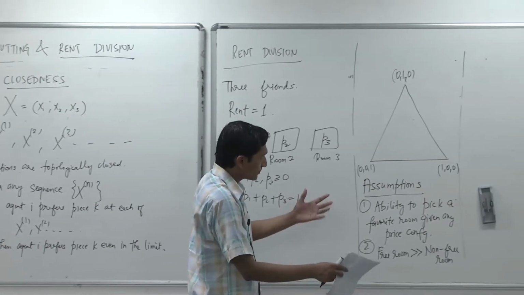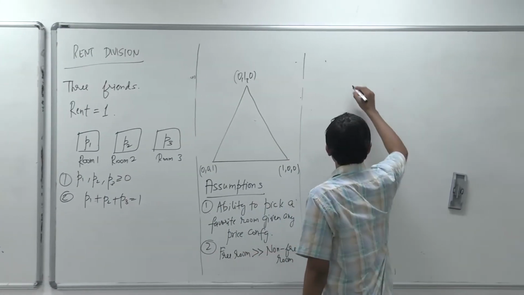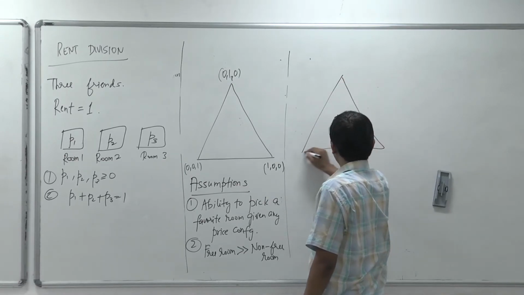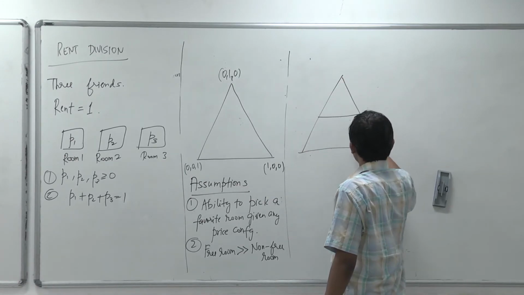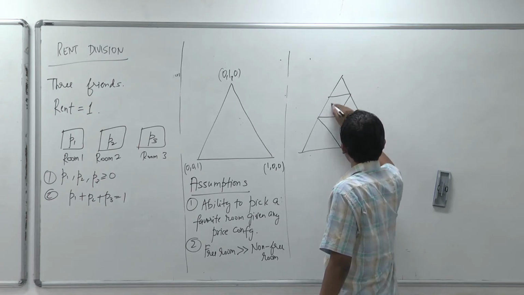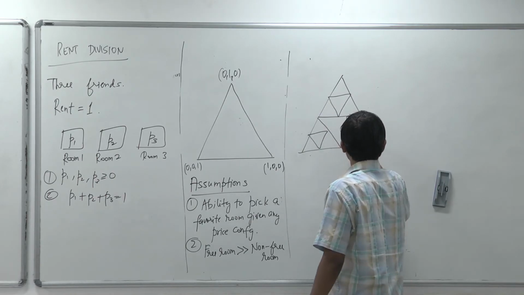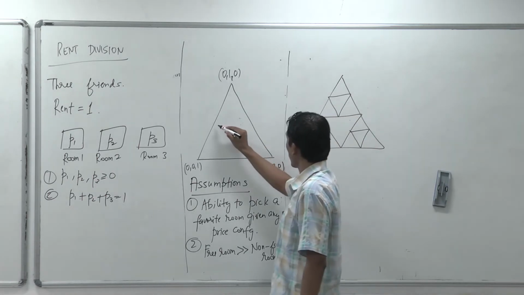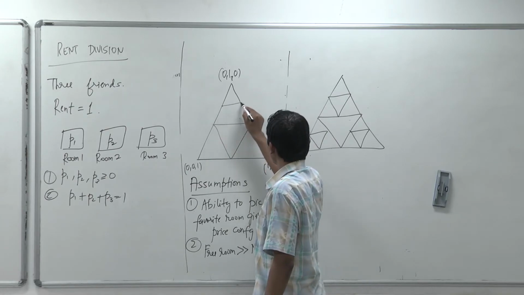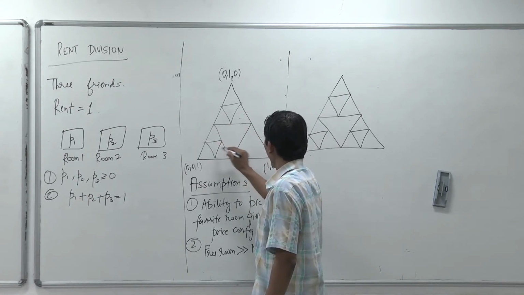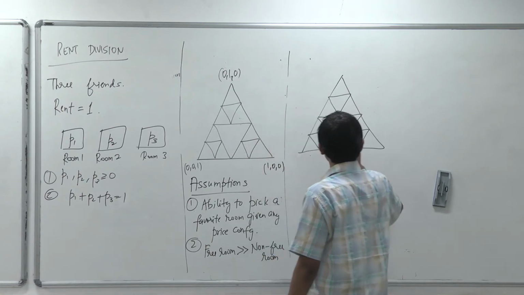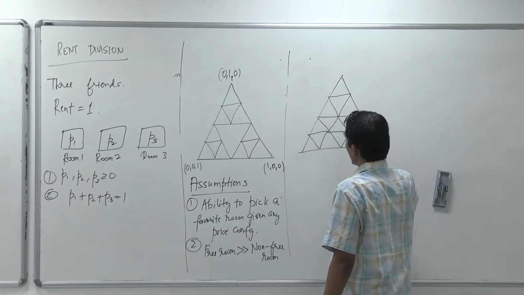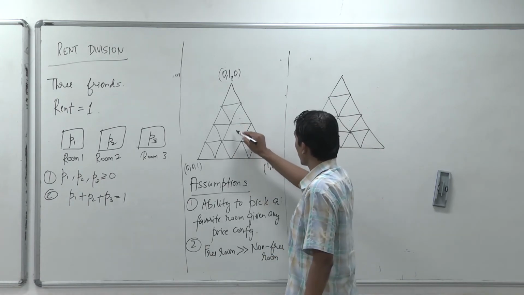And let's repeat the exercise. Here are the 2 copies. Let me triangulate them the same way. Once again, assign the owners.